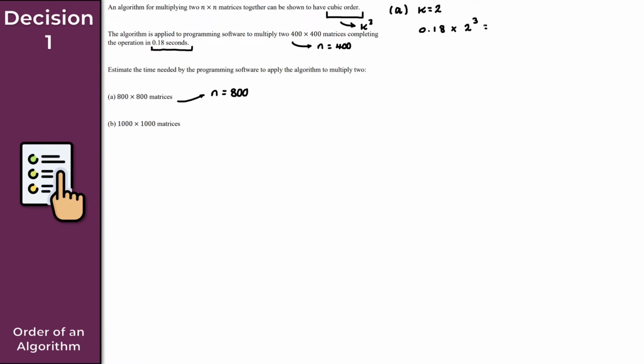Like so. So all you need to do at this point is put this into your calculator, right? So I'll quickly grab my calculator here. 0.18 times by 2 cubed, which is 8. Input that, and what we get here is 1.44. So in other words, let me just make a note here.